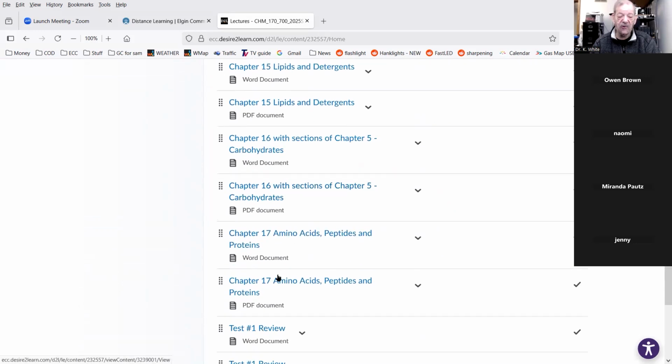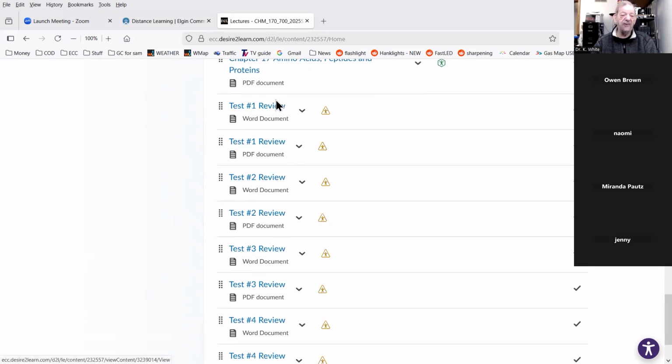And now you can scroll down and you'll be able to download test number one review. I have it both as a Word document, which I'll be using tonight, and as a PDF file. So if you don't have MS Word, you can still open it up with the PDF document, which will open up on any platform, including, I believe, your cell phone, even though I've never opened up a PDF file on my cell phone.